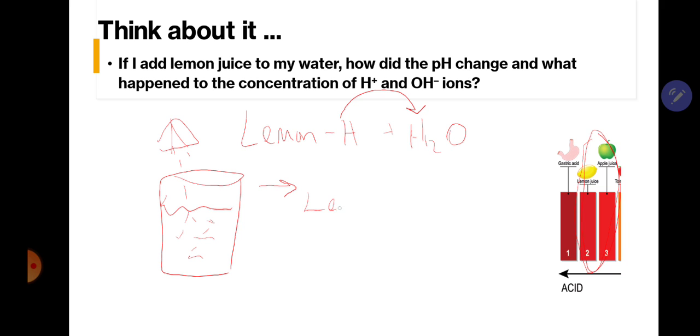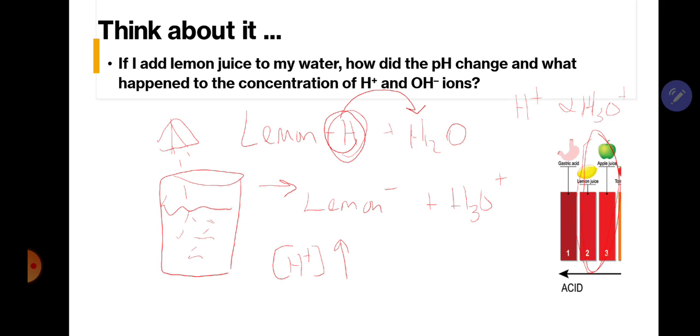So then I have my lemon juice, which is now negative because it lost a hydrogen, and my H3O concentration went up. As we talked about a couple days ago, your hydrogen concentration is pretty similar; most people interchange it with your hydronium concentration. What we see is that our concentration of hydrogens is going to go up because all of these hydrogens are now released from the acid.